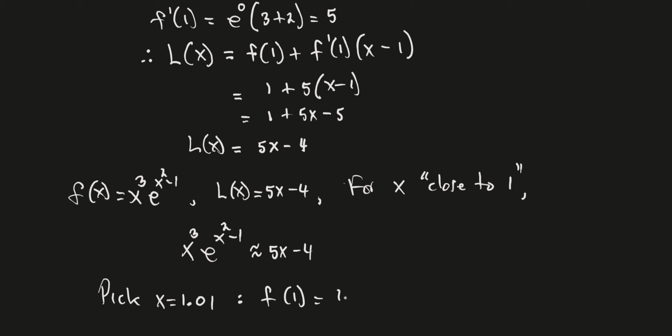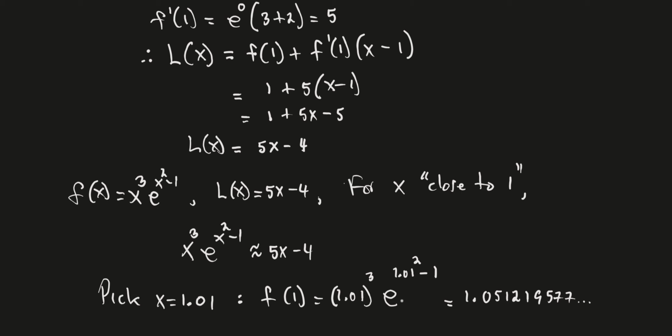So it's going to be 1.01 cubed, and then e to the 1.01 squared minus 1, right? And it turns out that evaluates to 1.051219577, and so on. Just keeps going, right? So that's the function value, my original function, at this value of x.